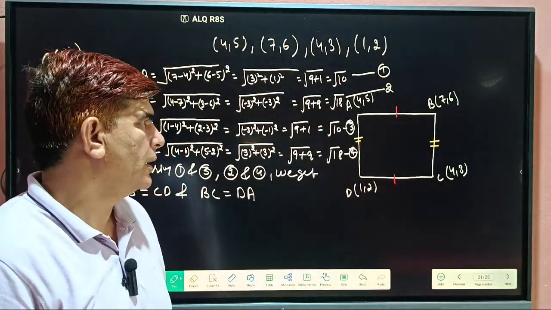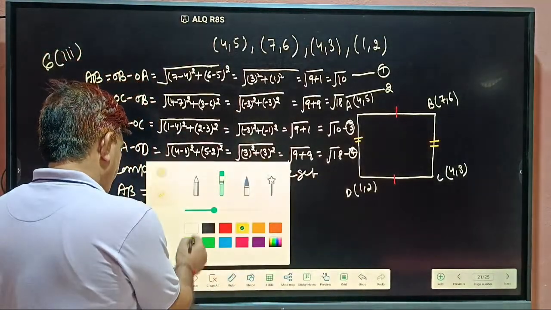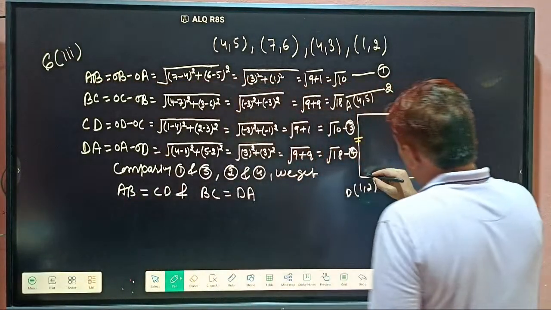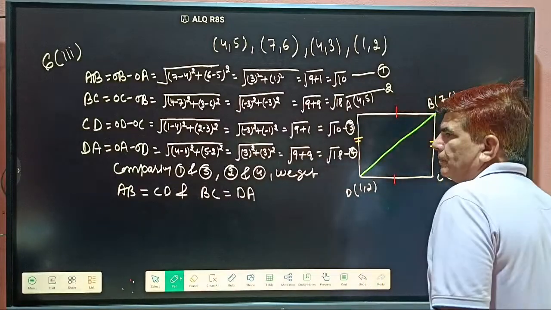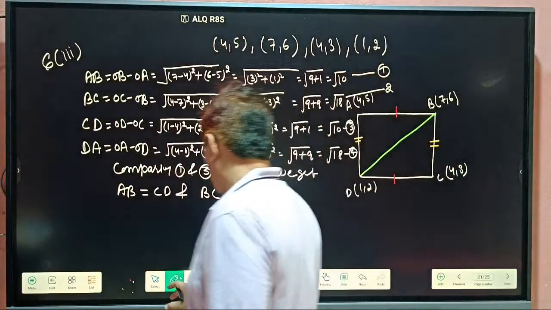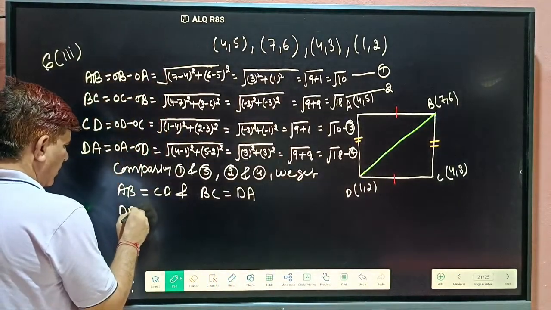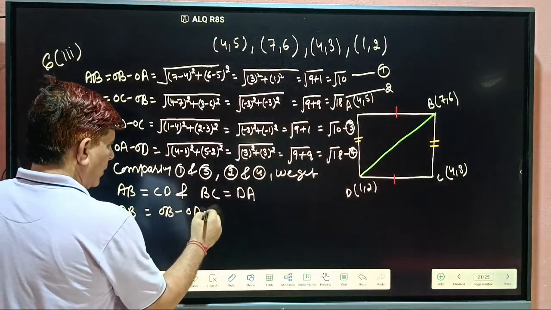So we will check whether it is a rectangle or not. By which method? This method. By this method, we will find out DB. So check one time. DB equal to OB minus OD.